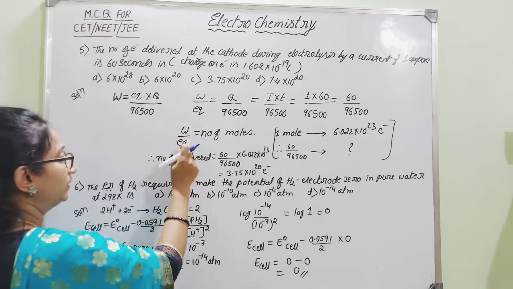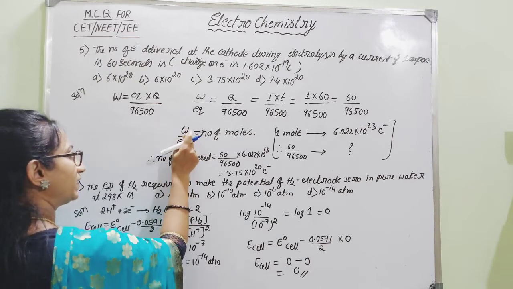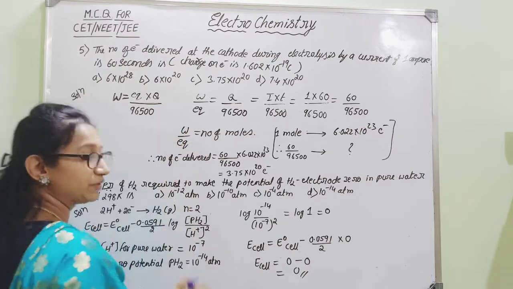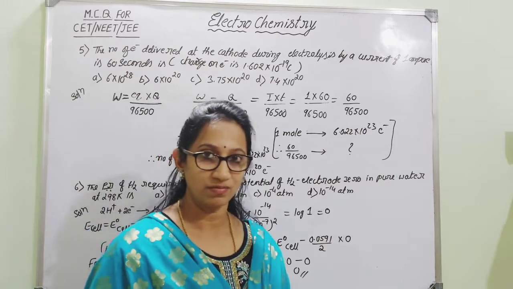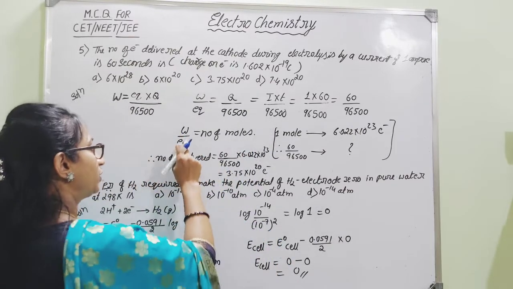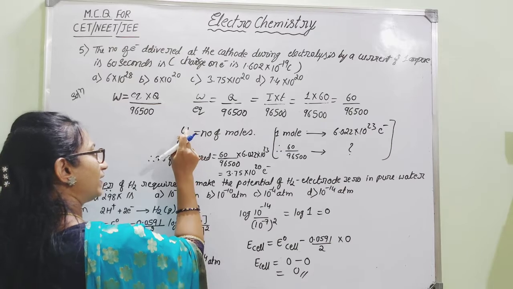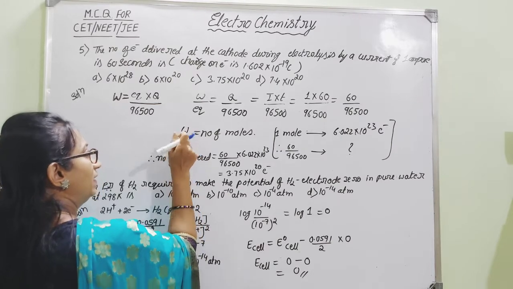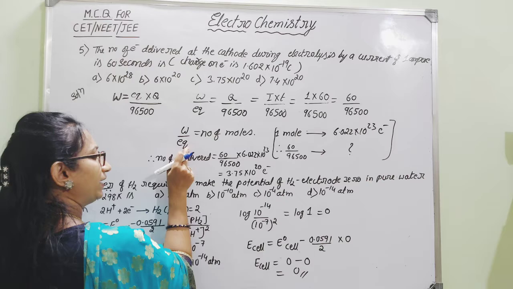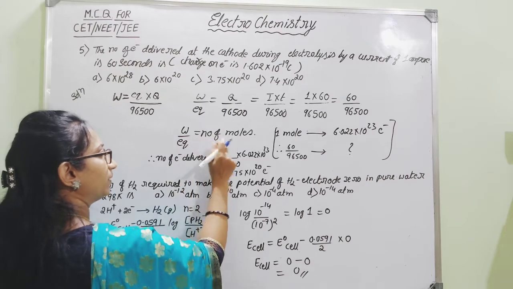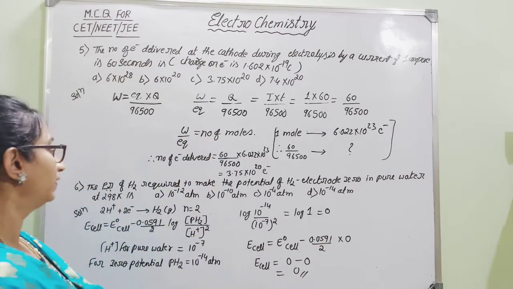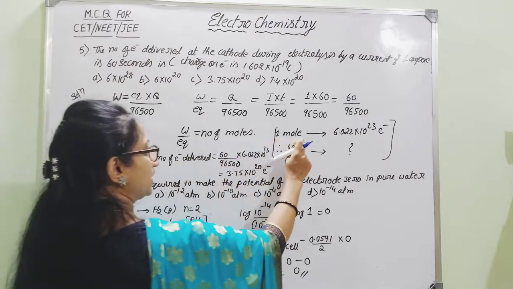Here, remember that W by equivalent weight, that is mass by equivalent weight, will be exactly equal to the number of moles. To find the number of moles, the ratio of the mass of the substance divided by its equivalent weight exactly gives the number of moles.